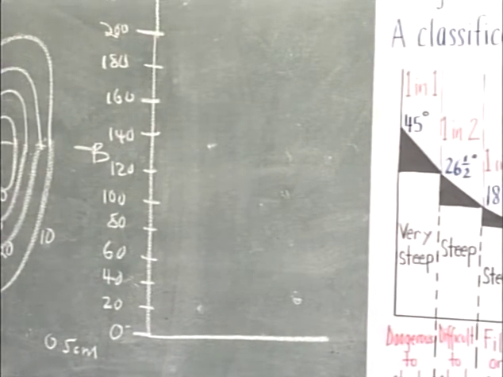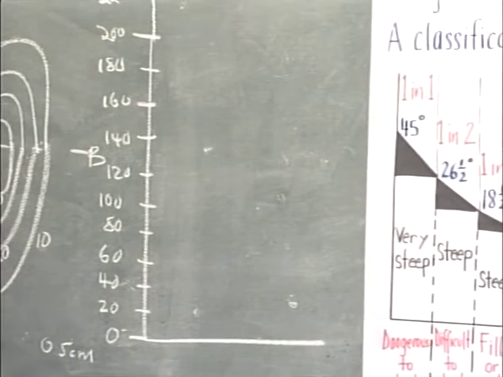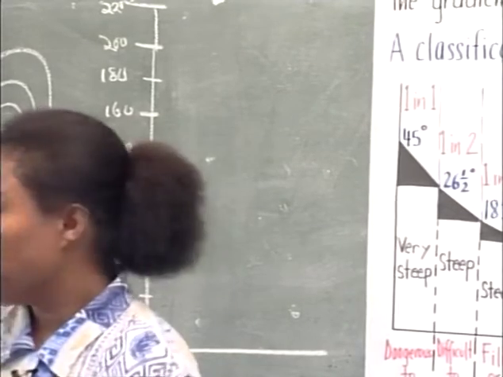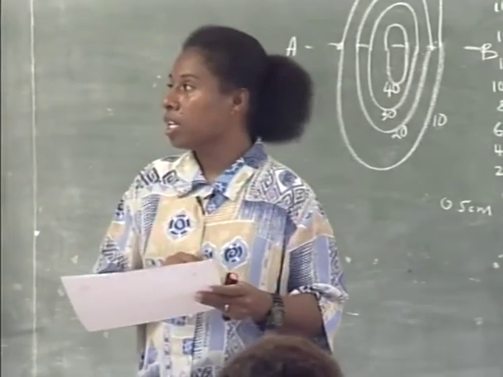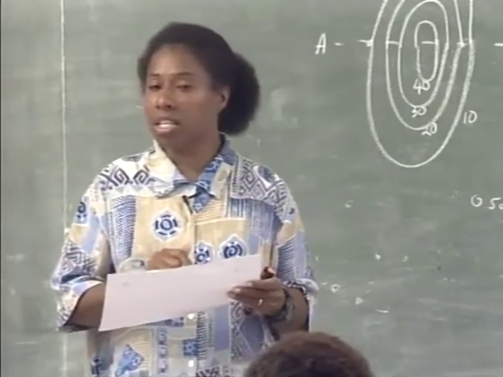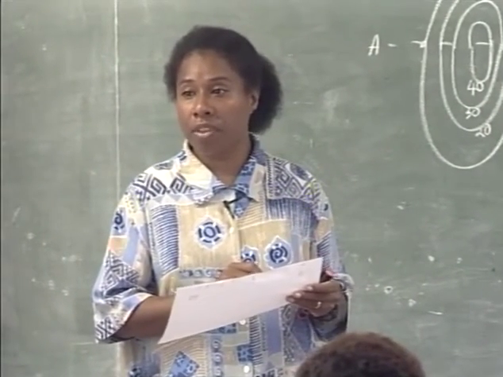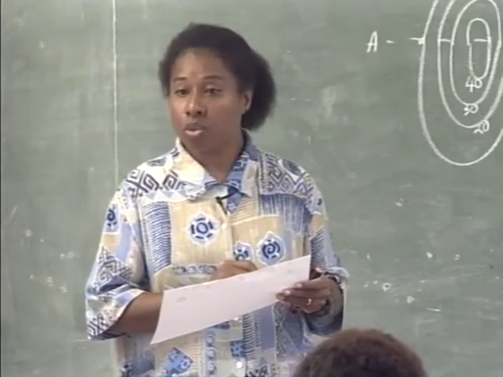While you're working on that, we check the highest point that you have labeled on your piece of paper. Would be 220 meters. Is that right? The highest point on your piece of paper. Is it 220 or is it 200 meters? 200 meters.